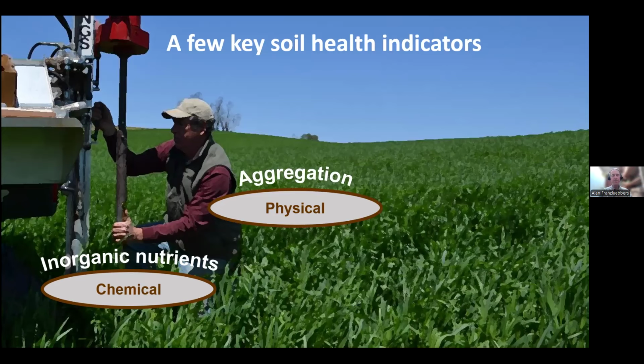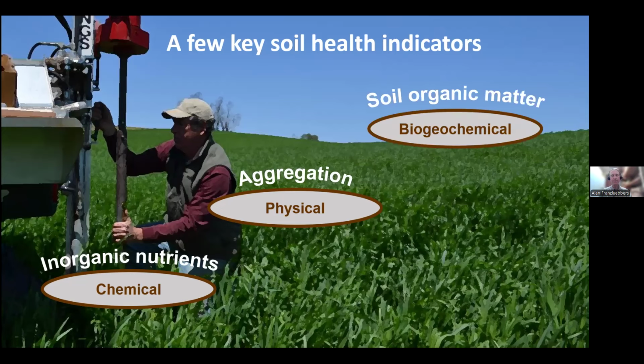It's pretty obvious for us that aggregation is important, but we'd really want to know about how water infiltrates soil, whether the water is infiltrating properly or if it's running off. And that's a big thing, but that takes oftentimes field scale measurements, and so it's a little bit more complicated, but it's an obvious thing.